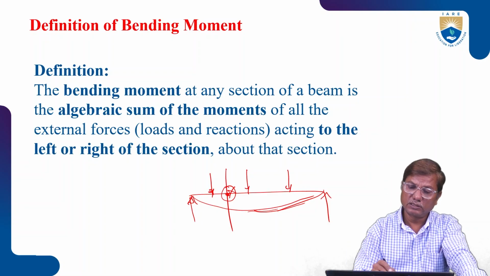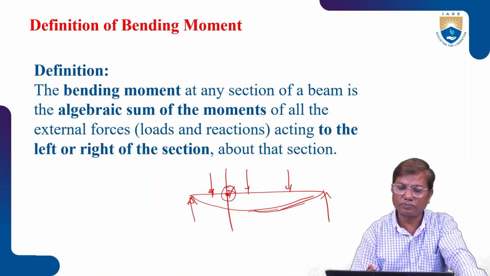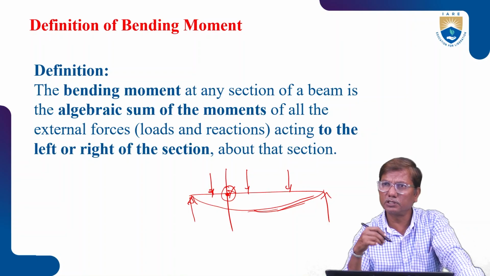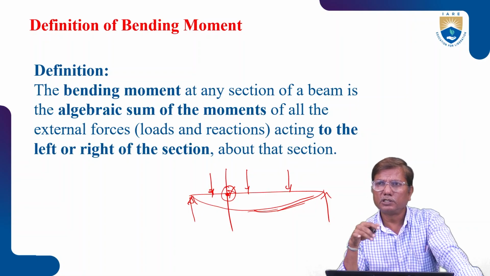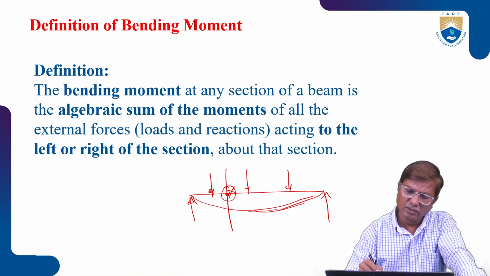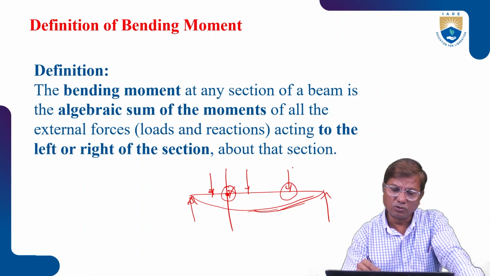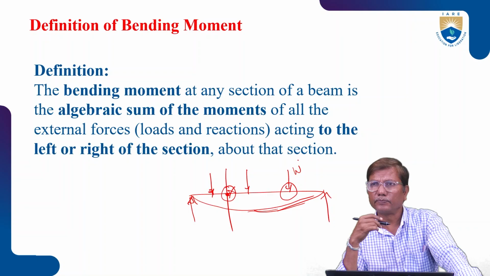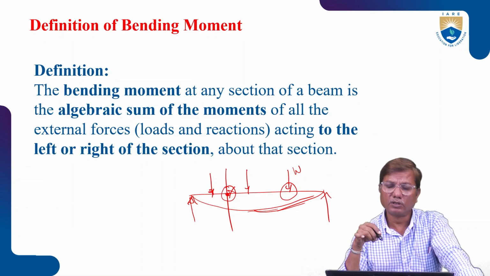here the bending moment will have only one value, either negative or positive. At a particular section you will have only one value of bending moment, either positive or negative, unlike shear force. Shear force may have positive or negative values. Actually, under the load points generally, you will have a sudden change in the shear force.